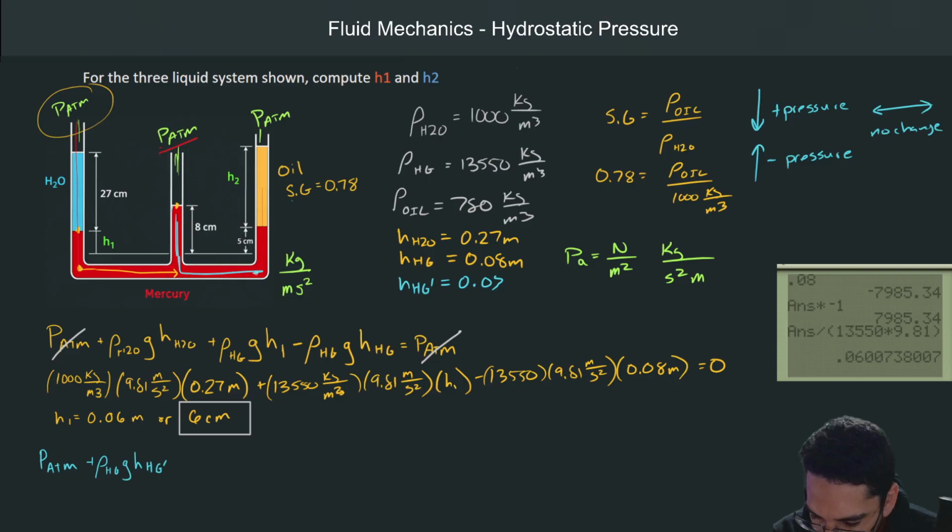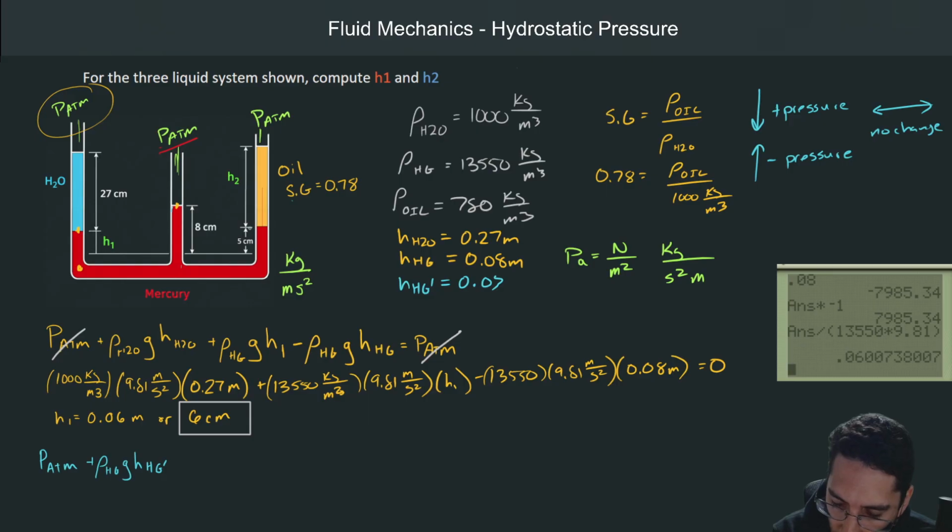I can do that because this is a single liquid, and I'm going to go down at this point. When I go 3 centimeters down, my liquid is all the same. If I went 8 centimeters down, I would then go 5 centimeters back up, and that would cancel with 5 of the centimeters I went down, leaving a net change of 3 centimeters.